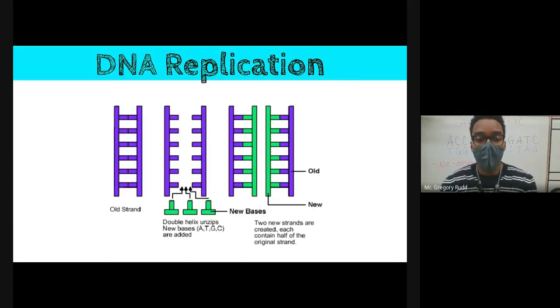We separate them using what's called helicase. Then we come through with another enzyme called DNA polymerase, and we add new bases. We add new rungs to each side of the ladder. And what you end up with, because this is a semi-conservative process, is two DNA molecules, both of which have half of the original DNA molecule and half new DNA.